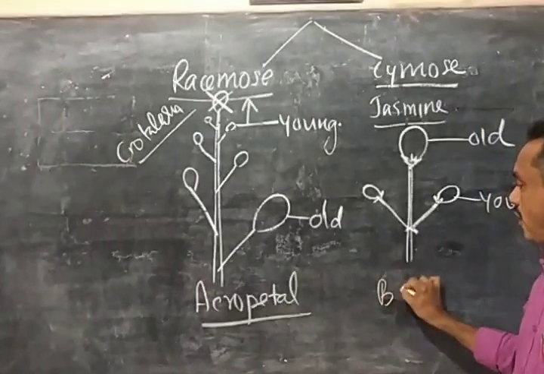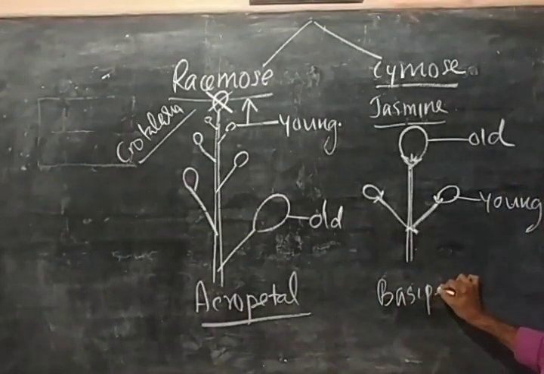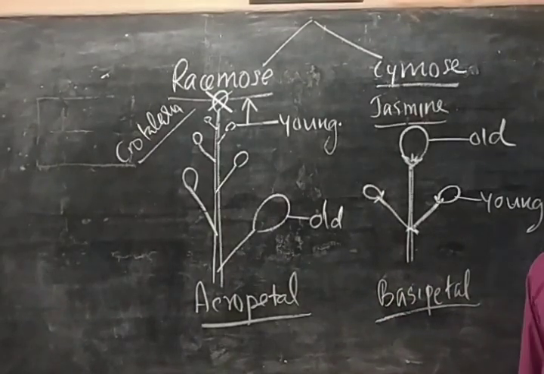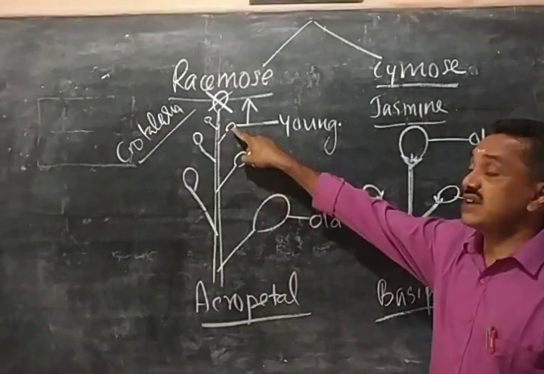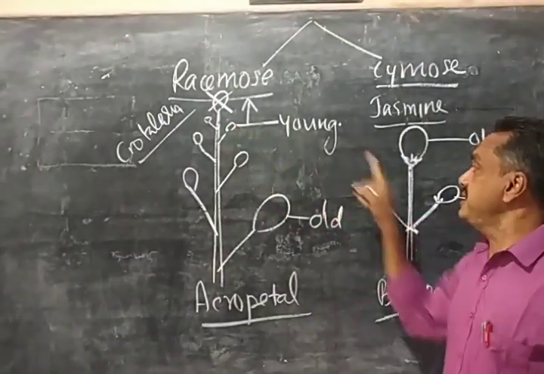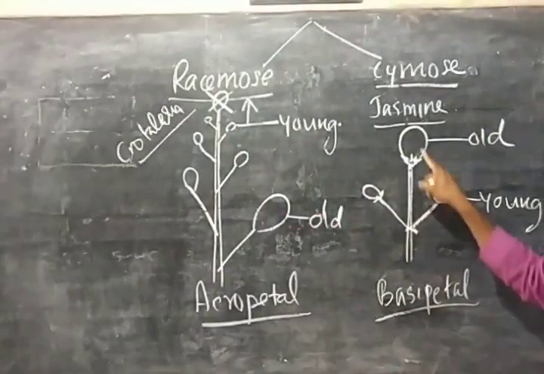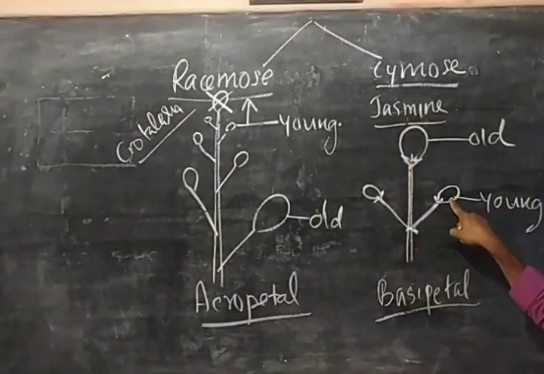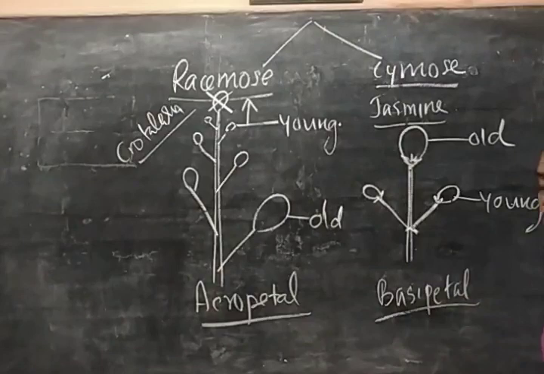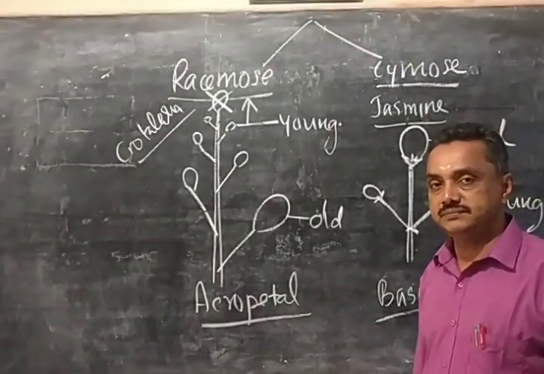This arrangement is called basipetal arrangement. But in jasmine-like plants, older flowers are seen at the top. This will open first, younger flowers are seen at the base. That arrangement is called basipetal arrangement.